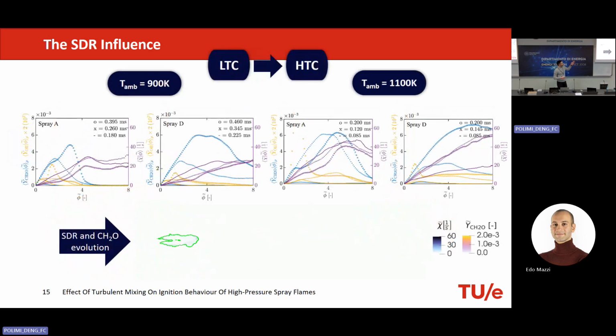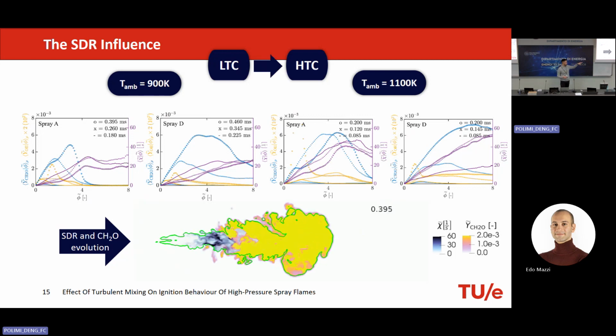And finally, what we did was take 3 time steps. I'm showing here on the bottom the spray A time steps at which we took this snapshot that you see on the top, where we see CH2O during the evolution. These time steps are right after low temperature combustion, in the middle, and then right after high temperature combustion.